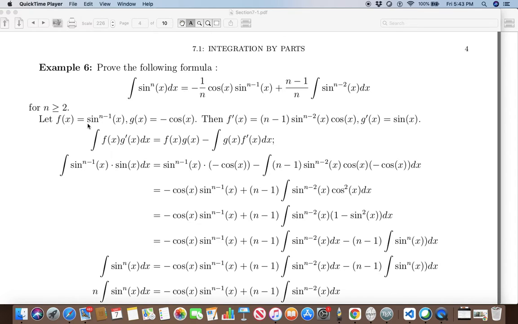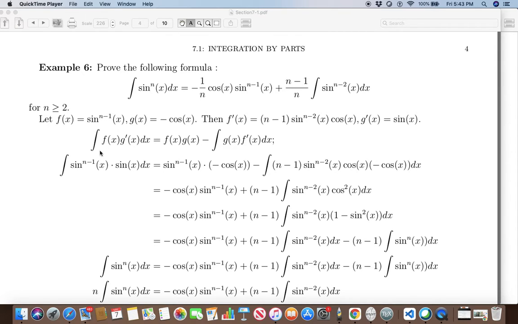Then f prime is n minus 1 times sine n minus 2 times cosine x. So notice we are using the product rule combined with the chain rule. g is negative cosine, so the derivative of g is sine, which is the second factor here, the first factor being sine n minus 1.